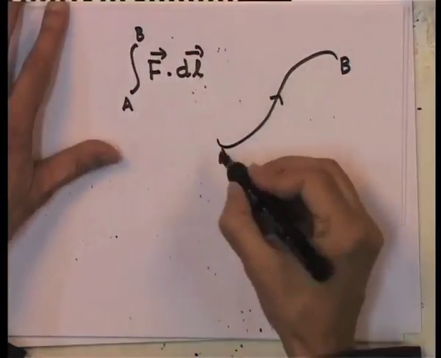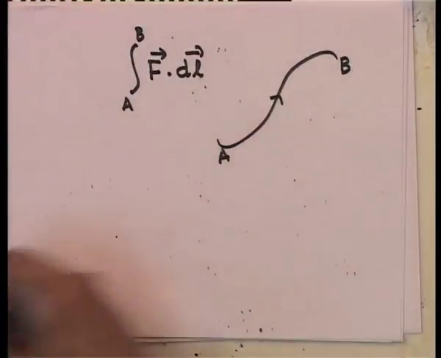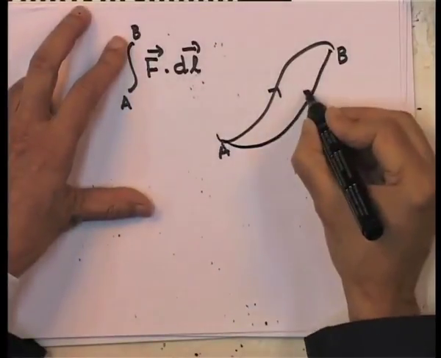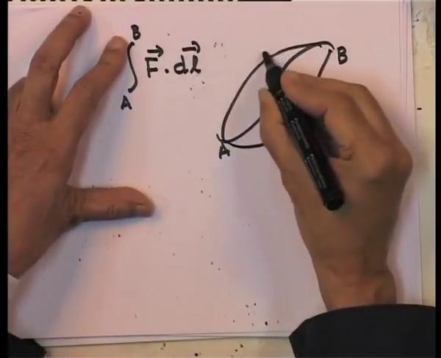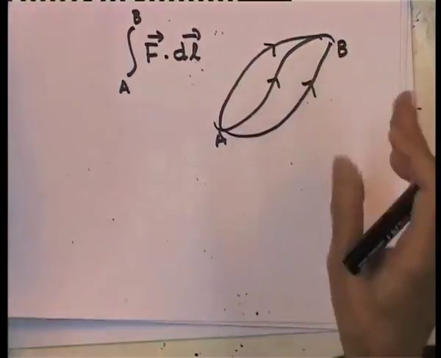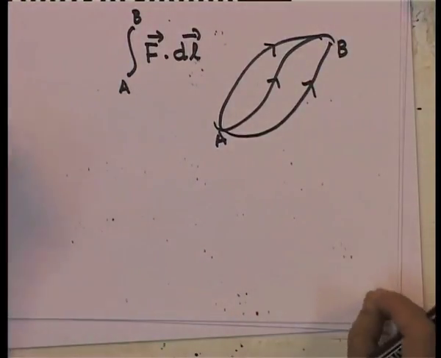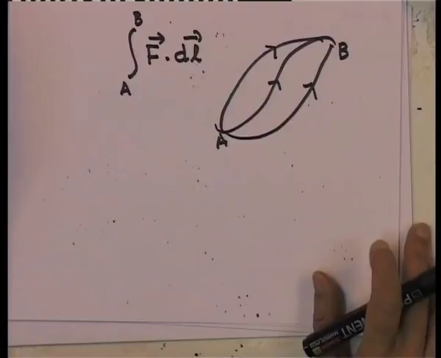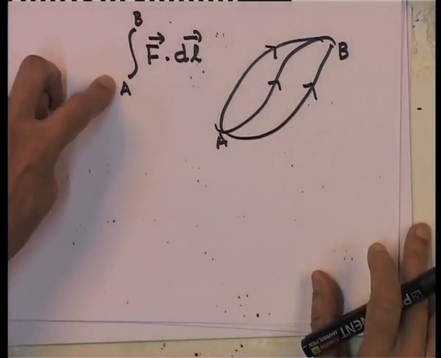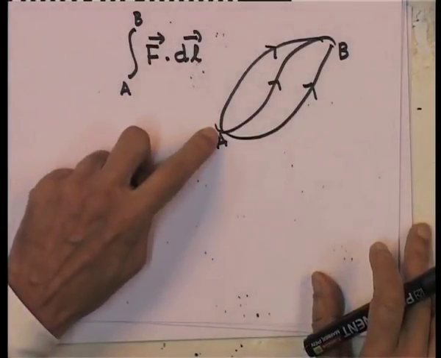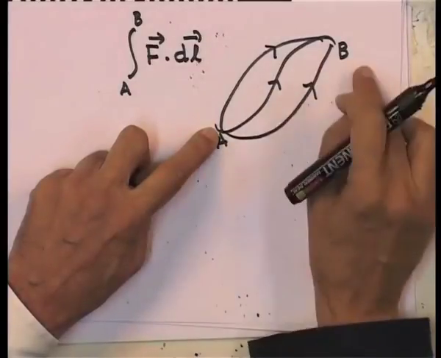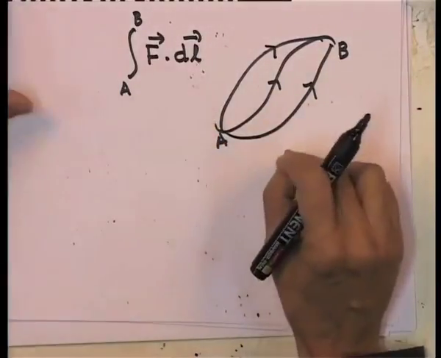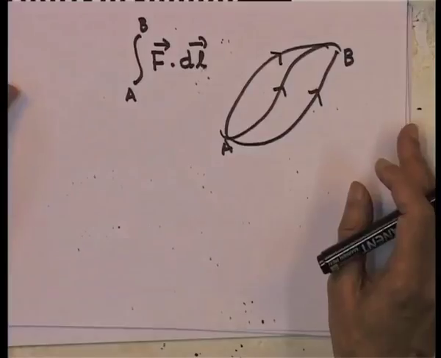Do I take this path, or for example, that path or this path, I do not care, the result is always the same. In other words, this line integral in such a situation depends only on the 2 endpoints A and B. Such a force is called a conservative force.